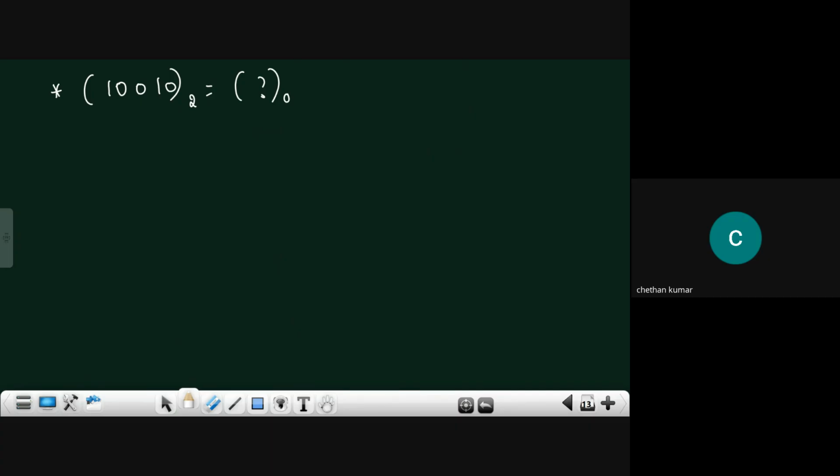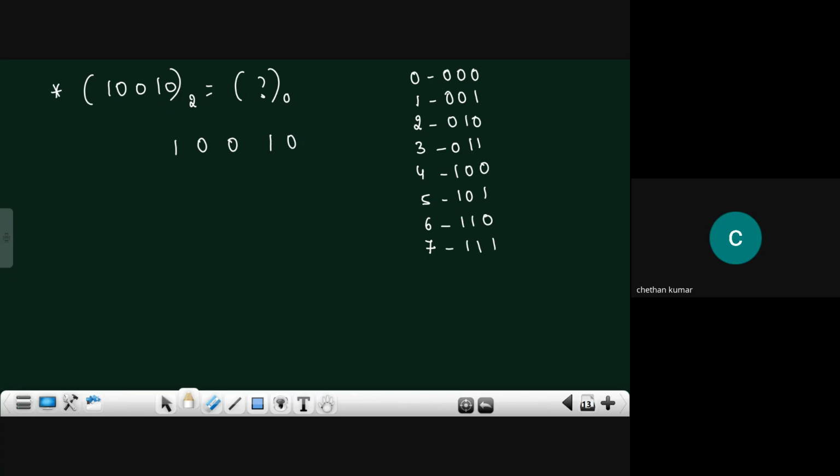Group the binary digits into 3 groups. Why 3 groups? Because if you see the octal numbers, 0, 1, 2, 3, 4, 5, 6, 7 are the octal numbers. To represent an octal number in binary you can use 3 digits, like 000, 001, 010, 011, 100, 101, 110 and 111.